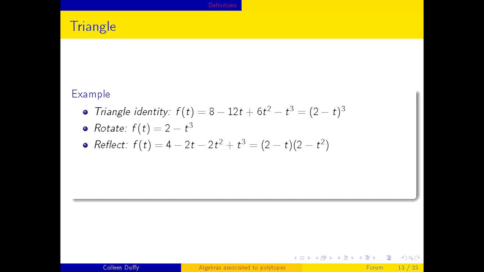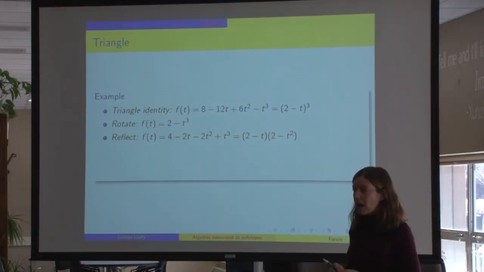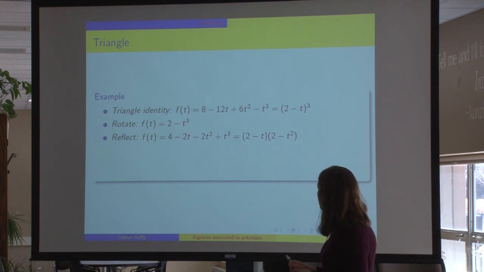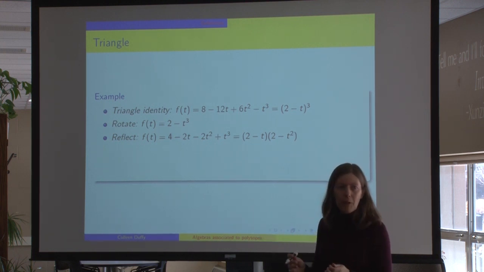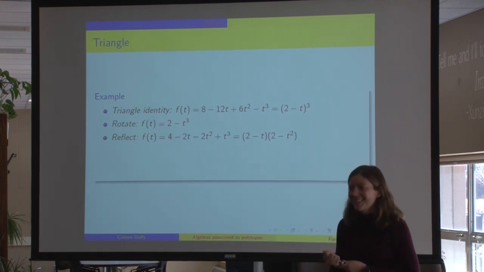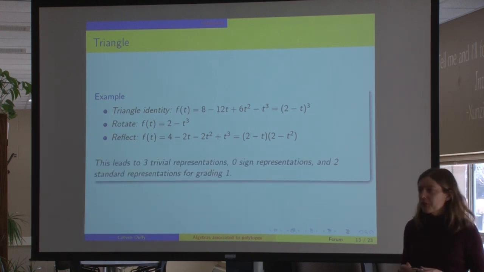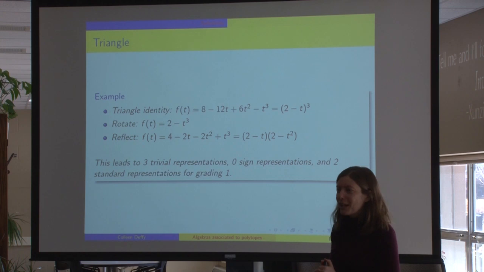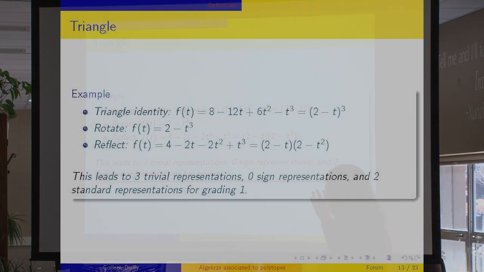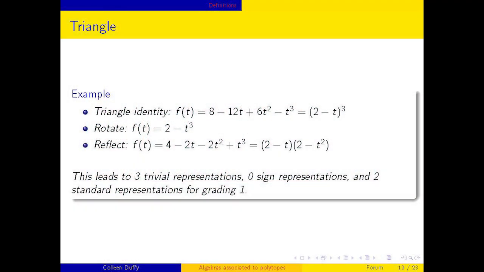Notice how all of these factor into these 2 minus t to a power thing, which turns out it was really key to writing a general response for no matter what dimension you're looking at. And just for the fun of it, here's the building blocks that you get when you do this. So you take these generating functions, or these f of t's, plug them into the generating functions, use some long division to get the coefficients.